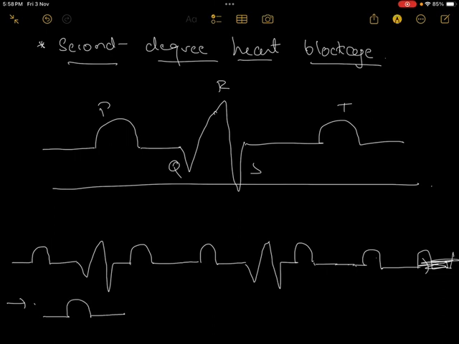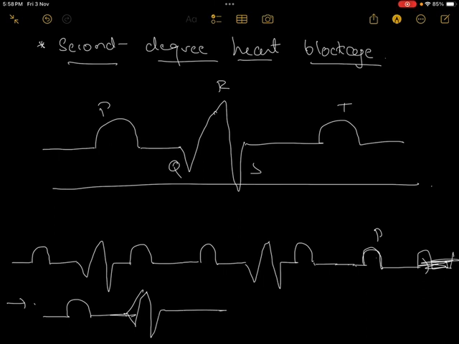Again, there is only formation of P wave and no formation of QRST wave, and after some time again there is a formation of P wave and the QRST complex.